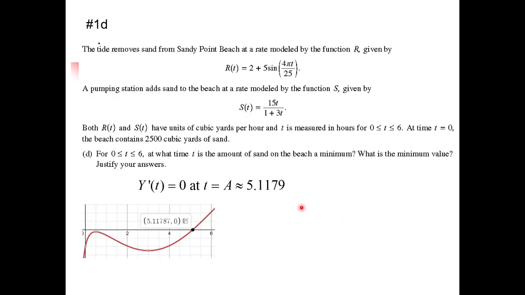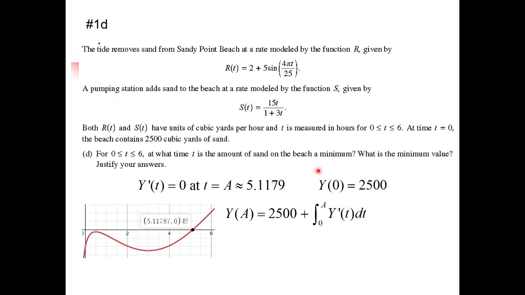So y of 0, I don't even need to define that on the calculator. That's just the amount of sand at time 0, and that's 2,500. So we actually kind of knew that already. I also want to do y of a. For that, I'm going to need 2,500 plus the integral from 0 to a of my y prime.